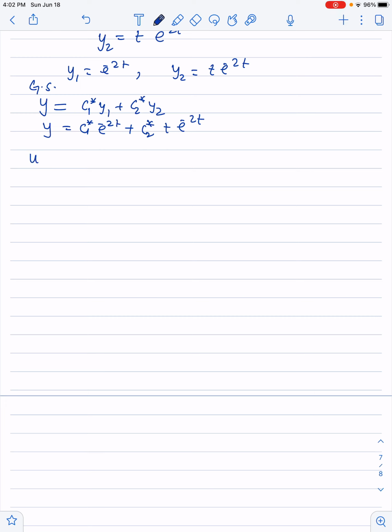So let's use the initial conditions. The first initial condition is y at 0 equals 1. So I'm going to plug it into this equation. It will be 1 equals C1 star times e to the 0 plus C2 star times 0, because t is here and you are plugging in t equals 0, so it will be 1 equals C1 star, because e to the 0 is 1.